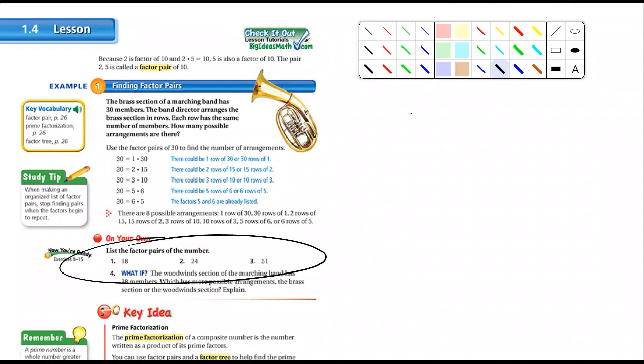It says 18. And just watch what I do. I need to think of 2 numbers, Mr. Williams, that if I multiply them together, they make 18. What do you think, Mr. Williams?